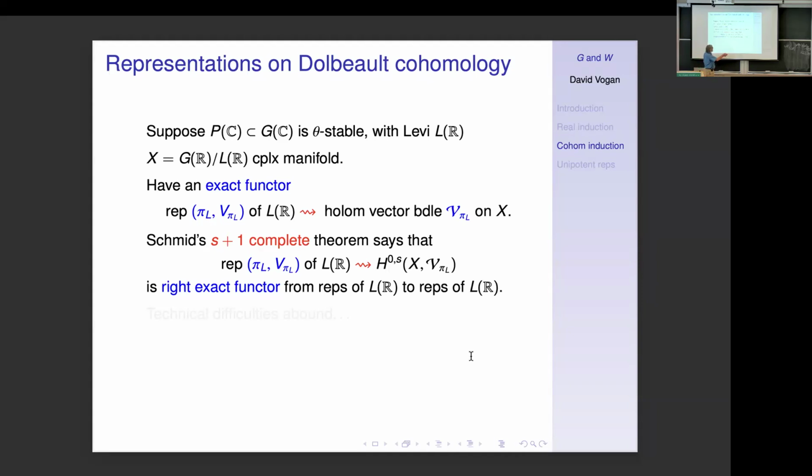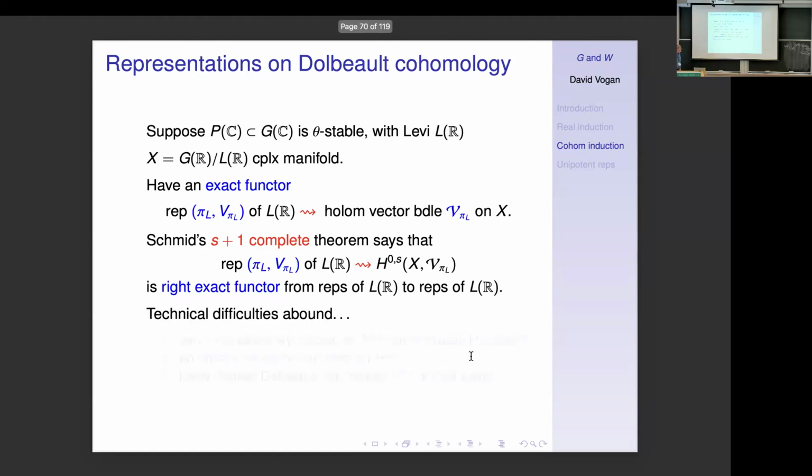This L is supposed to be a G. The pi L is a representation of L. This space over here is a vector space with a G action. And because of the vanishing above degree S, this is a right exact functor.